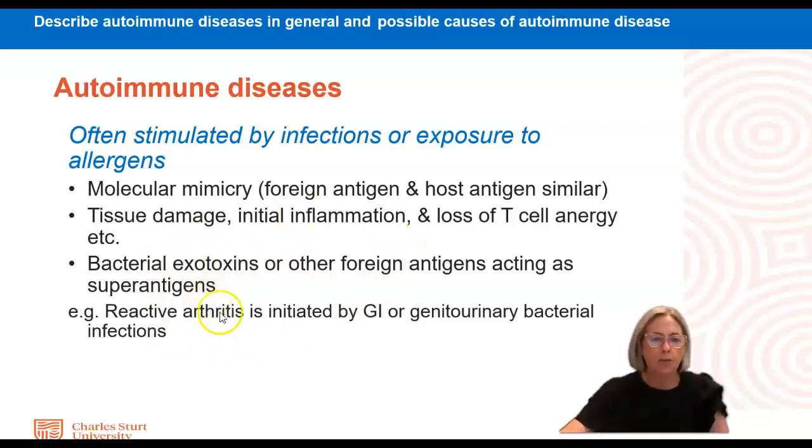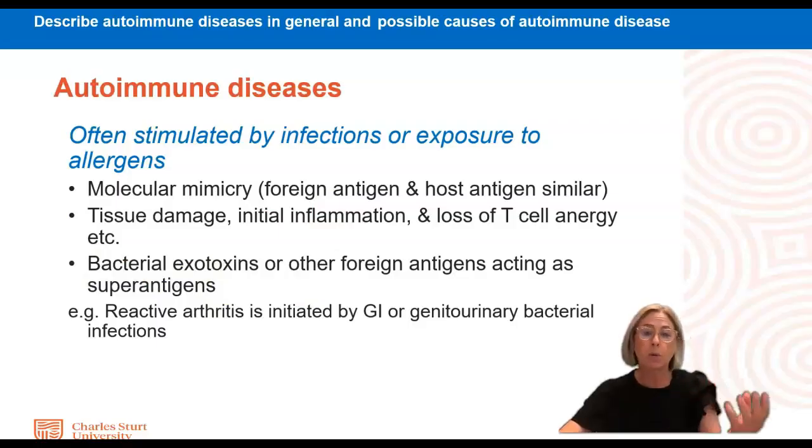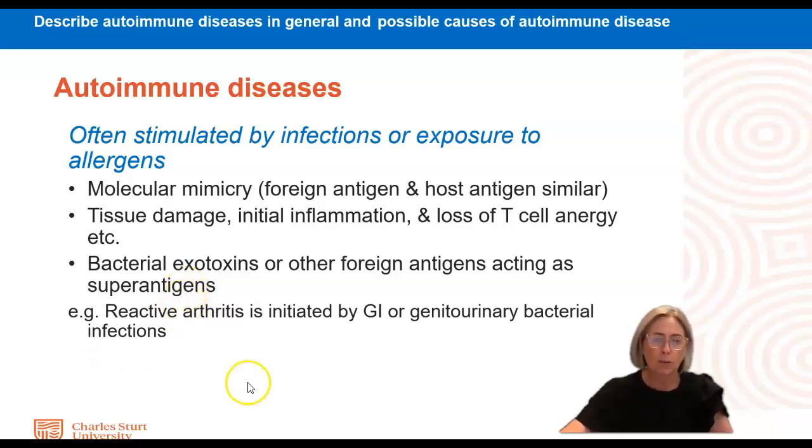So remember, exotoxins are toxins that are released from bacteria. So sometimes people might eat food that contains one of these exotoxins in it. So the person's not actually infected, but because the exotoxin is in the food, they may sort of be predisposed to autoimmune disease, and then that could be the trigger for the development of the autoimmune disease.